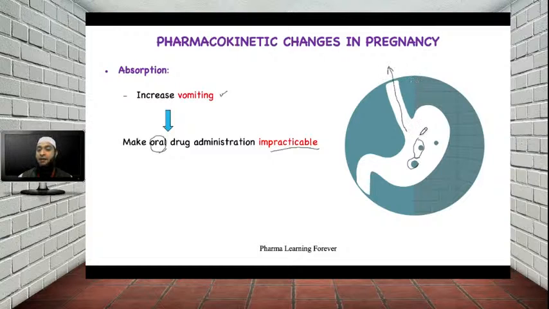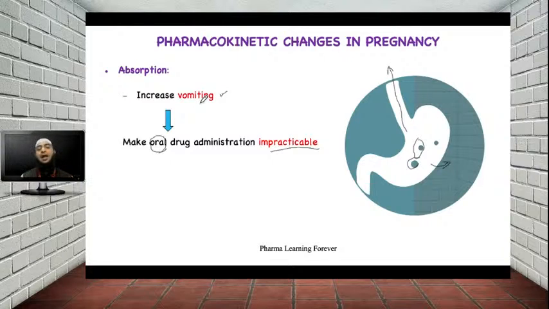And if it comes out through vomiting, it will not be absorbed into the systemic circulation. So the absorption of drugs given through the oral route is almost impractical if the pregnant woman is suffering from frequent vomiting, which sometimes may not even be controlled by giving medicine.